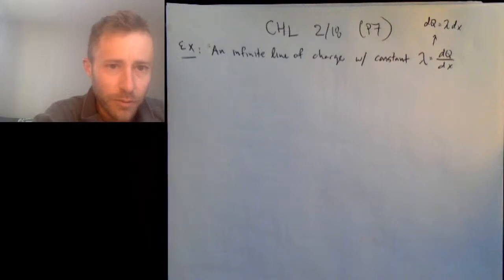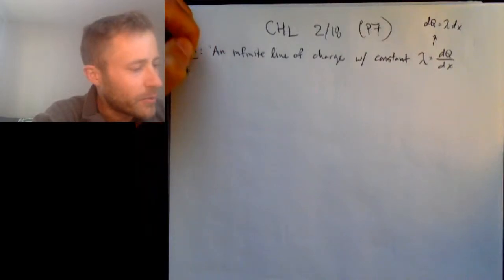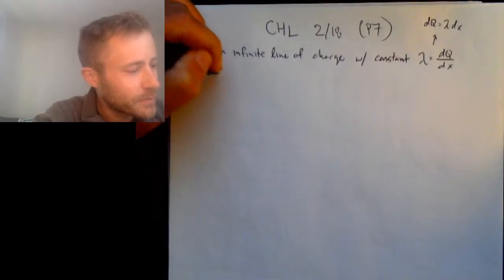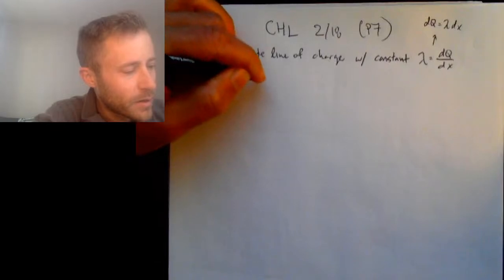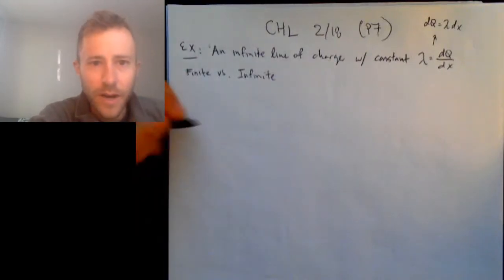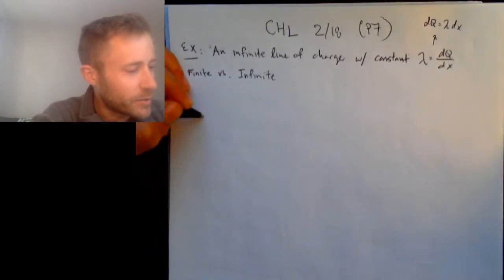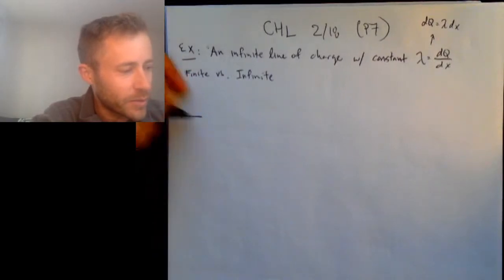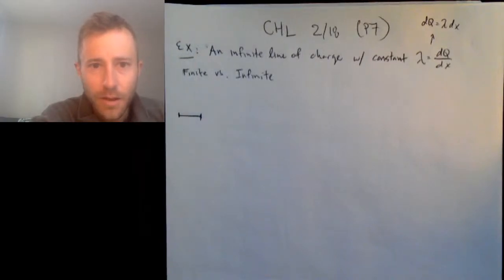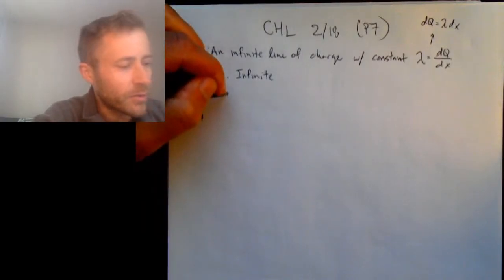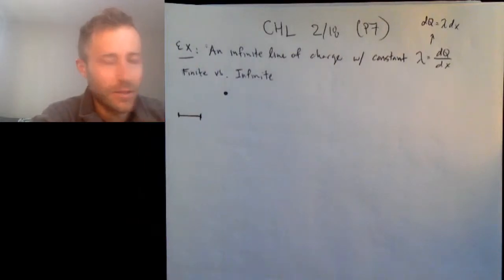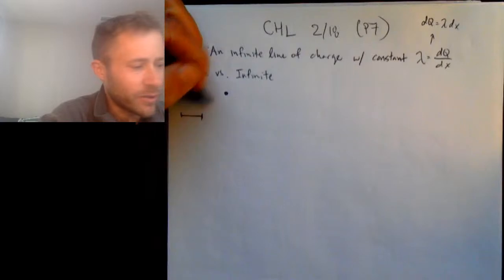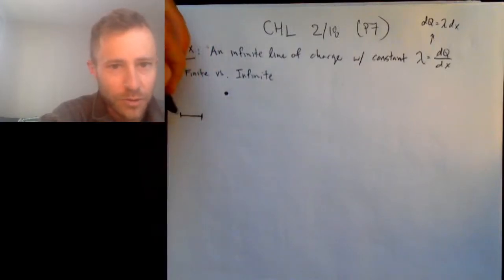Let's just talk briefly about finite versus infinite. If you have a finite line of charge, in other words, it has a beginning and an end, and you calculate the electric field at point P, the electric field is going to point away from this line of charge, more or less.